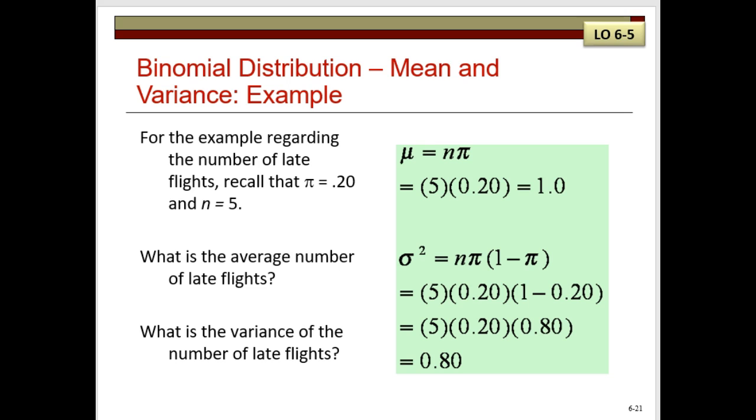Symbolically, this will be n times pi times 1 minus pi. We note that the probability of failure is the complement of the probability of success. So substituting the Bradford Regional Airport information into the formula, we obtain the variance as 5 times 0.2 times 0.8. The variance of the number of late flights is 0.8.